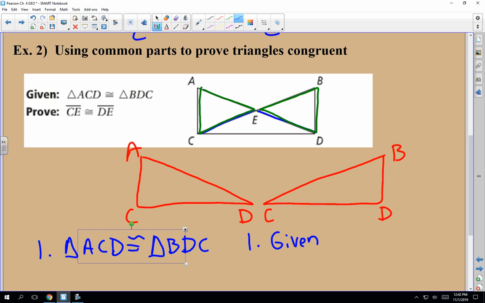Do any of these sides share a side in the green triangle? Obviously not CD, right? That's not going to help me. AC and BD do, yeah. So I can mark AC is congruent to BD. I'm going to use that. I'm going to mark it up here as well. That's part of what I'm going to use, or maybe use, to prove that the two green triangles are congruent. So yeah, AC is congruent to BD.